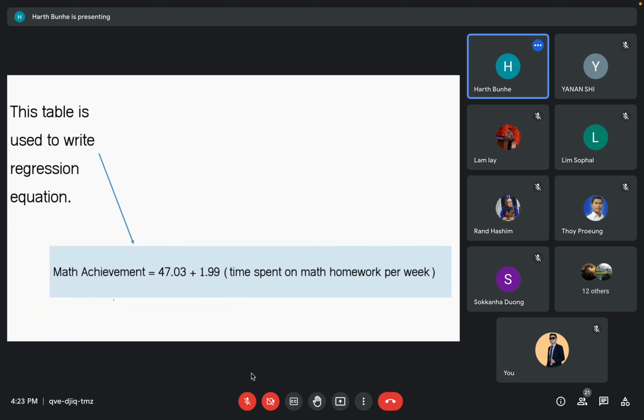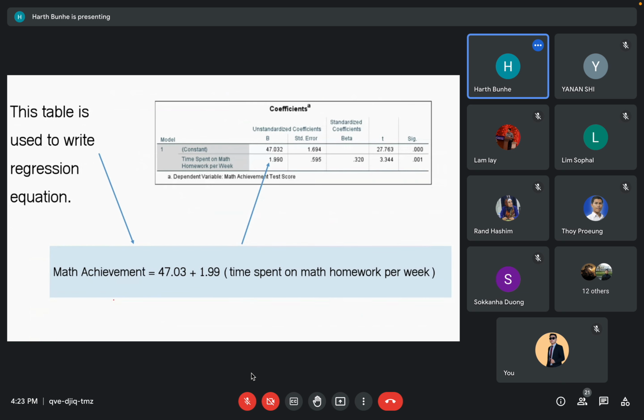The last table here is called coefficients. Coefficient means the numbers that you use to write as an equation.